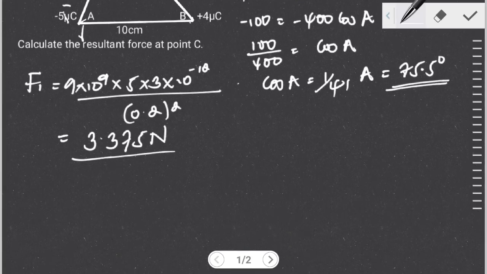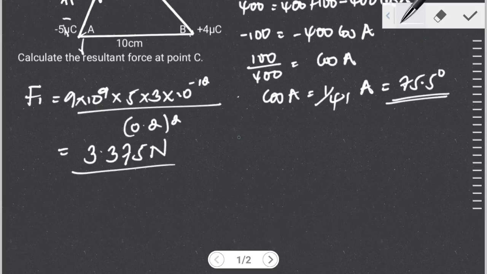Then afterwards we also have to get force 2, but this force here is repulsive, remember that, repulsive. You're going to give the direction afterwards.